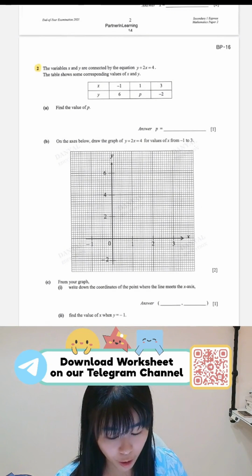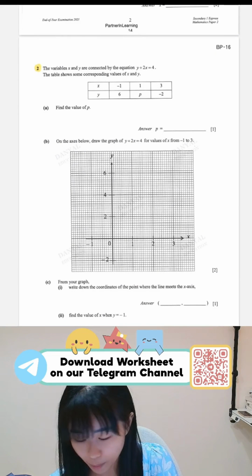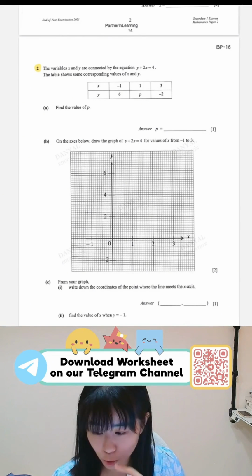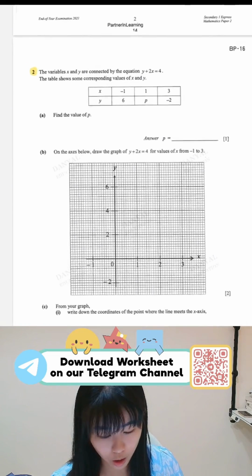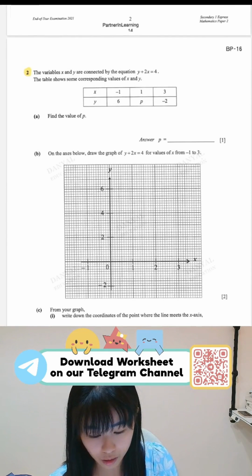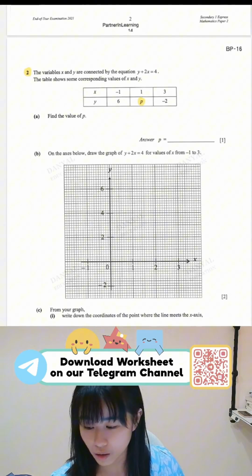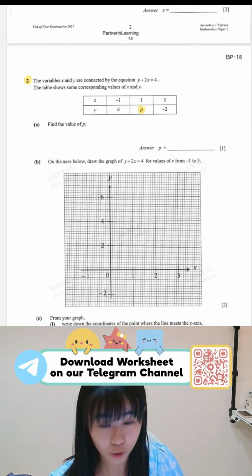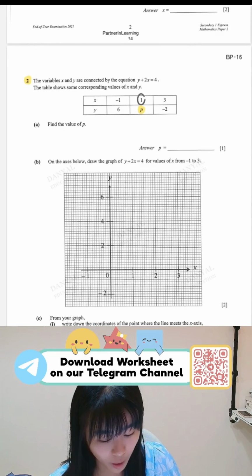Question 2, we have the variables x and y connected by the equation y plus 2x equals to 4. The table shows the corresponding values of x and y. As you can see, there's a p that you need to find here. I think part A is quite straightforward. To find p, you must make use of x is 1, y is p.